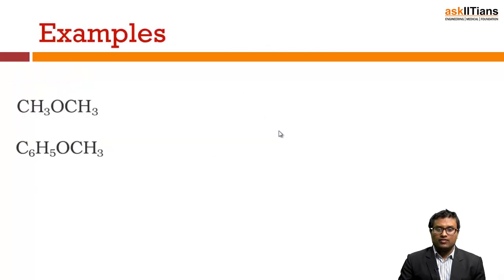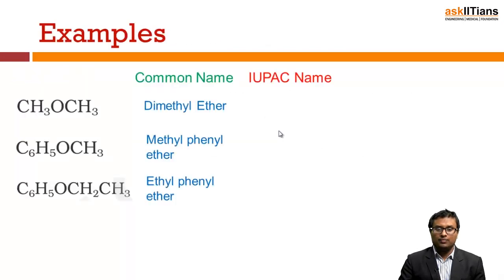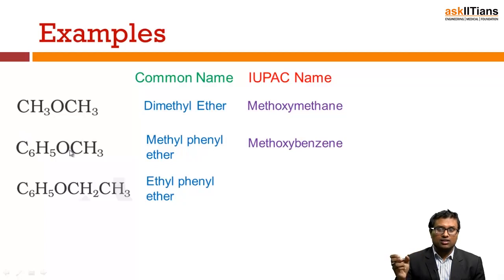So obviously here you have methoxymethane, because you will select one carbon here with the functional group, so that will become methoxy and the remaining thing is methane. The same thing here, you will select carbon and the functional group will be near to this instead of C6H5, because you have to select your functional group that has a minimum number while numbering, right, while naming.